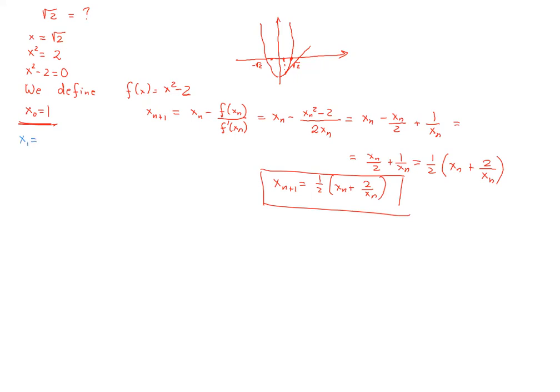Now I have to go to this formula, and wherever I have xn, I'm going to plug in x naught, meaning 1. So it will be 1/2 (1 plus 2 over 1), which is 3/2. Okay, so the next step that we find is 3/2.